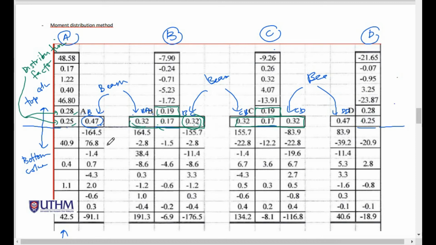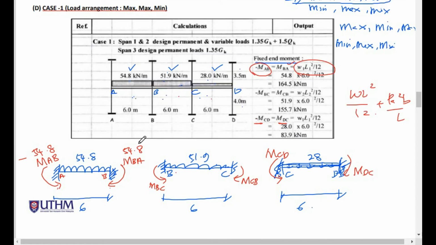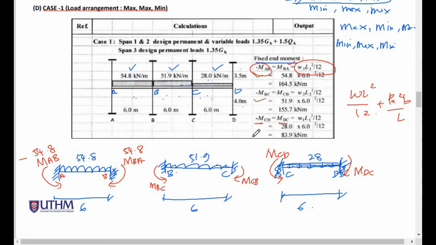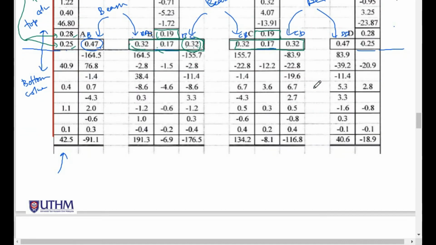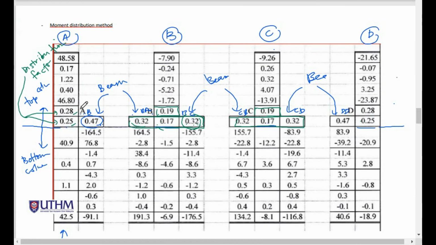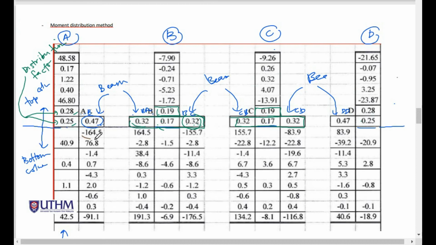Next is the fixed end moment. So we get here the fixed end moment for MAB, MBC, MCD. MAB is 164.5. So we write moment at this row, all the FEM.